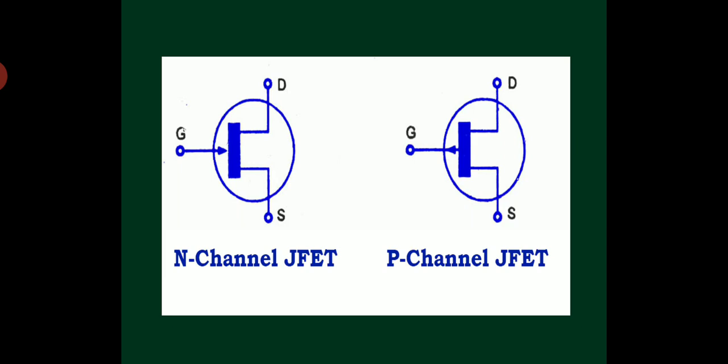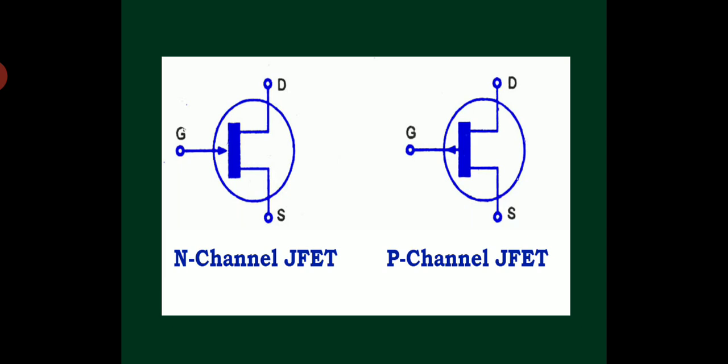Okay. So if you recall, in BJT, alpha is the current gain in common base configuration. In common base configuration, IE is the input current, IC is the output current. So IC is dependent on IE.